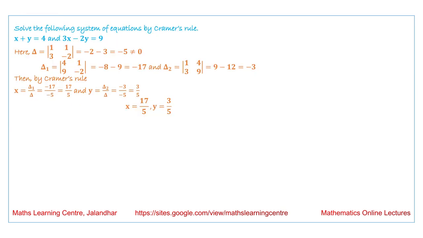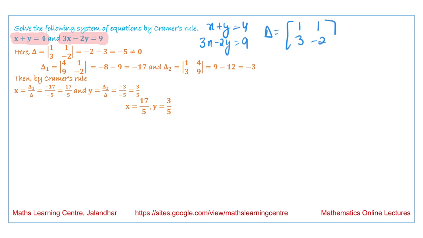Now next we have to solve the following system by using Cramer's rule. The first equation given to us is x plus y is equal to 4 and the second is 3x minus 2y is equal to 9. We write the equations x plus y is equal to 4 and 3x minus 2y is equal to 9. The value of delta is 1, 1, 3, minus 2.